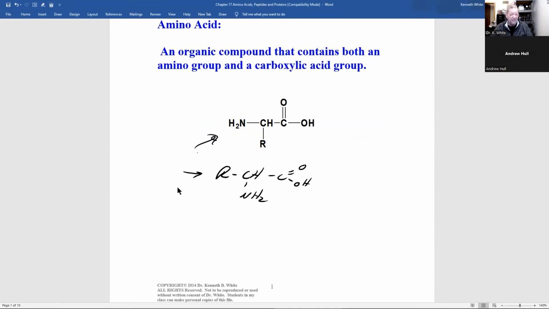They're the same. And notice here, I have my amino group, an amine. And here, with this carbon here, I have my carboxylic acid group.